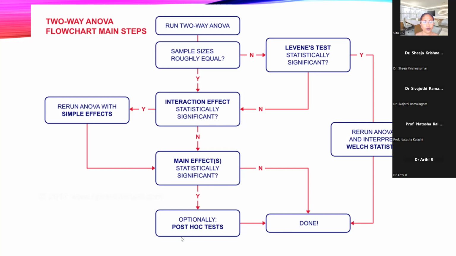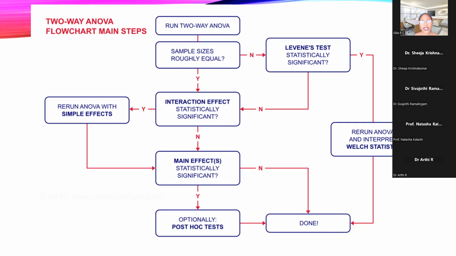Do not get confused. Like how we checked Box's test and got the homogeneity of variance, in the same way Levene's test is also one of the output tables which we can easily interpret to find out whether the sample sizes are equal.